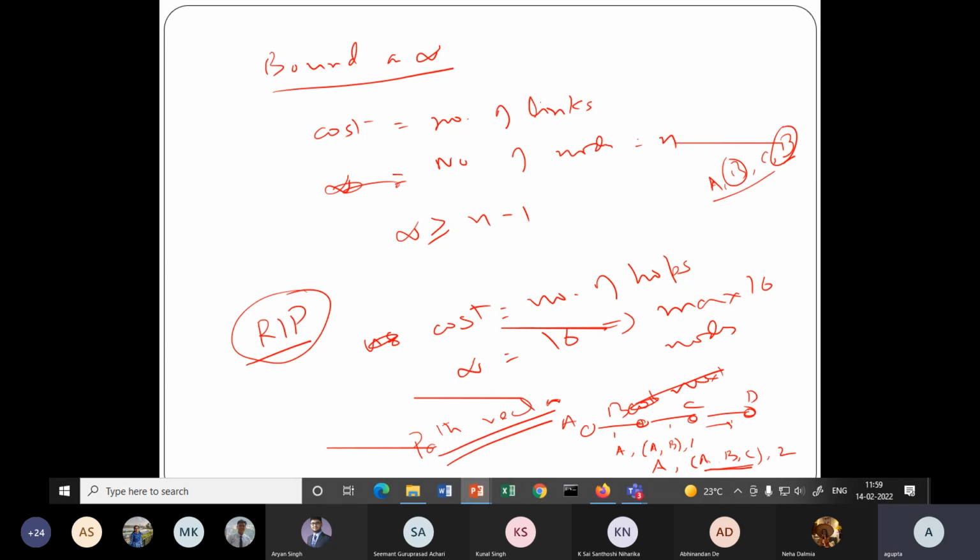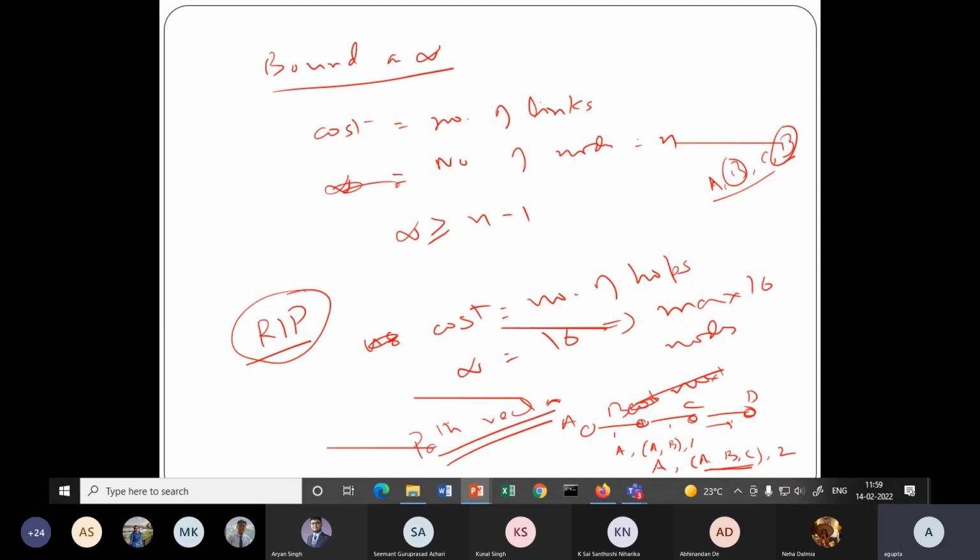So, in summary of today's class, distance vector has this problem of routing loops, the counting to infinity problem. There are ways like triggered updates, split horizon, and poison reverse, by which we can reduce the chance of that happening, but not completely eliminate it. So if it happens, to stop it, we set a bound for infinity.